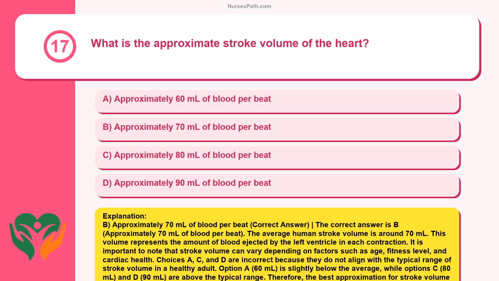Choices A, C, and D are incorrect because they do not align with the typical range of stroke volume in a healthy adult. Option A, 60 ml, is slightly below the average, while options C, 80 ml, and D, 90 ml, are above the typical range. Therefore, the best approximation for stroke volume in the heart is around 70 ml per beat.